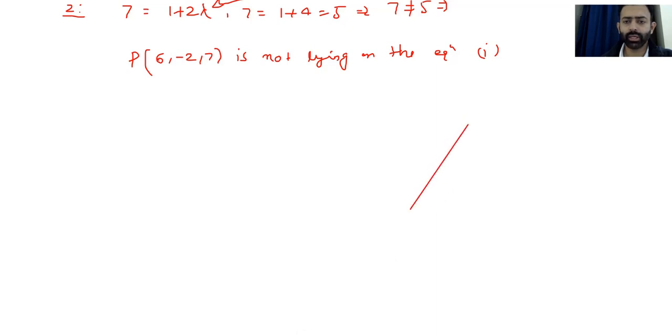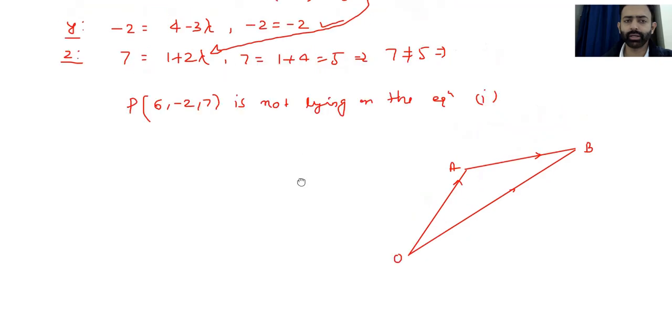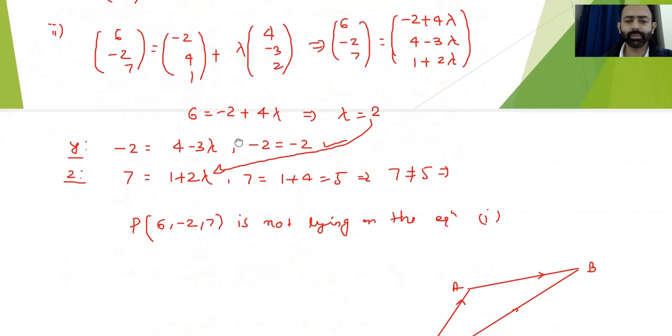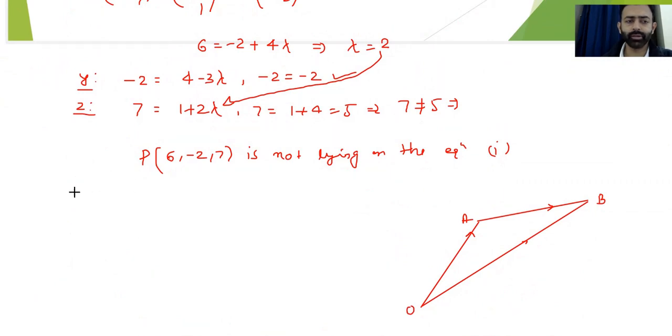This is your OA. This is AB. O, A and B, and it says that there is a point N along the AB vector such that 3 times AN is NB. Okay, let me write here. This is your third. 3 times AN magnitude is equal to AB magnitude.